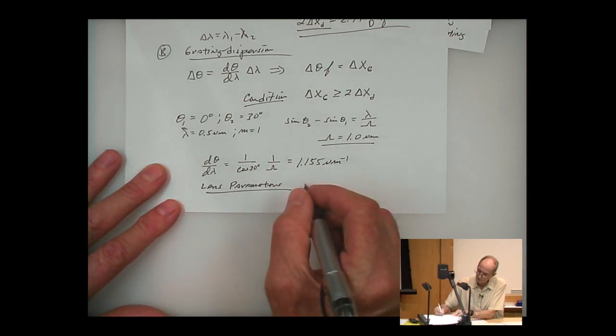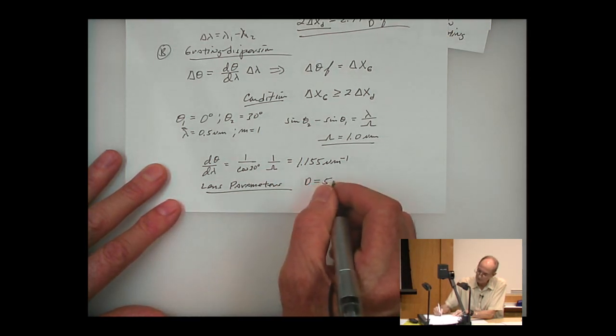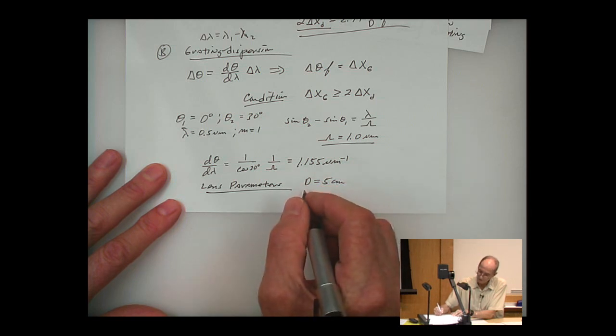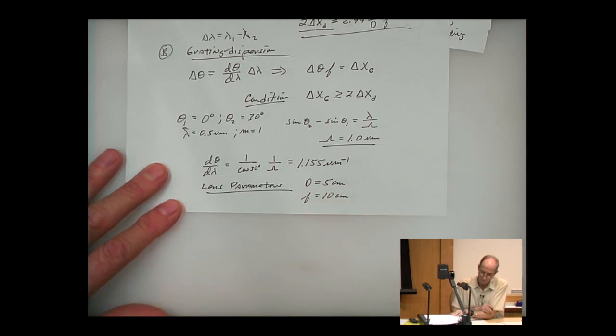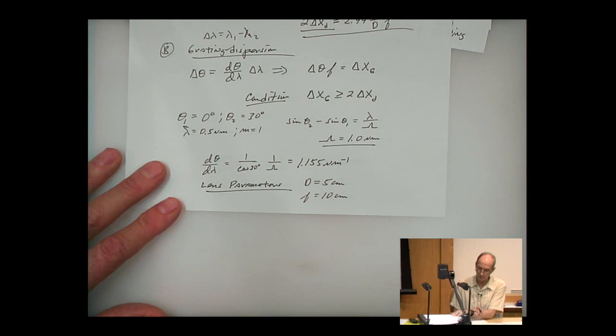We'll choose the following. We have D equals 5 centimeters and focal length of 10 centimeters for an f/2 system. And we have the same wavelength of half a micron.